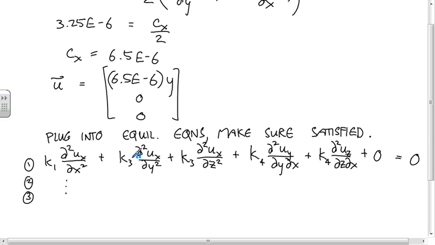Look at this one here. The second partial of ux with respect to y. You take your first derivative with respect to y, and this would be a constant. You take your second derivative and it goes away. So this linear function that represents displacement satisfies this equation. Okay. So the equations are satisfied because, you know, it gives 0 equals 0.